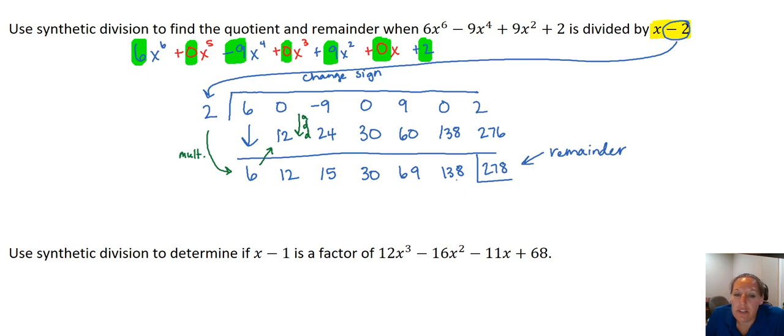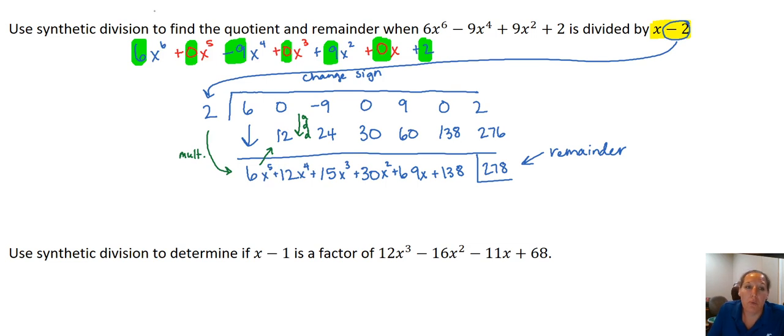And then what's left is going to be our coefficients. So we're going to go the exact opposite direction from what we did when we set up the numbers on the top row, we're going to go backwards. The first number next to our remainder is going to be our constant, and then our x term, our x squared term, x cubed term, x to the fourth, and x to the fifth.